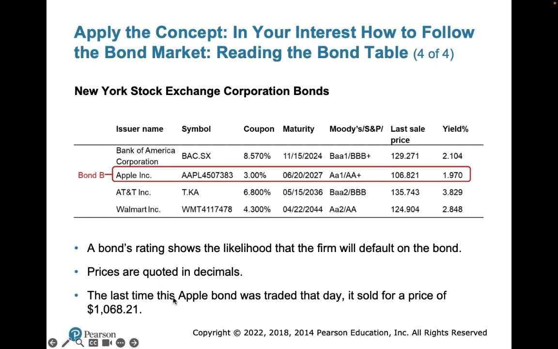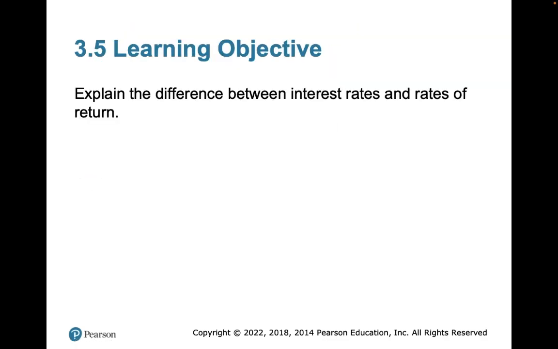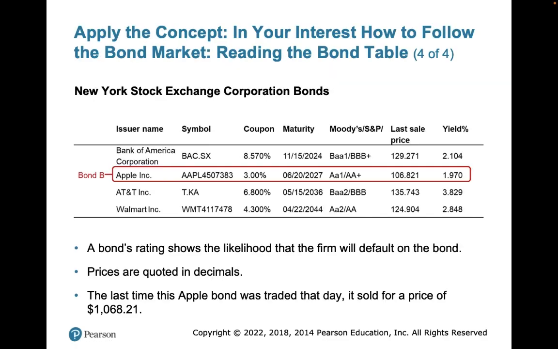The last time this Apple bond was traded that day, it sold for a price of 106.821. From this you'll be able to tell about the bonds, including the bond with default risk.